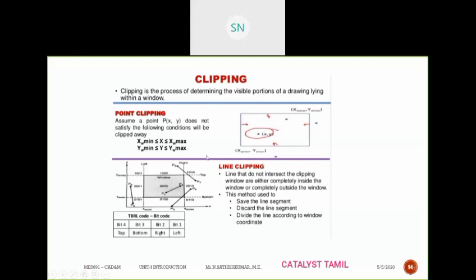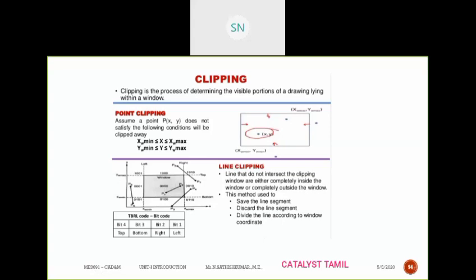Okay, so normally in our examinations they may ask you to write the clipping algorithm, or to solve a given problem by using the clipping algorithm. There are many types of clipping algorithm, but the famous one is the Cohen-Sutherland line clipping algorithm.